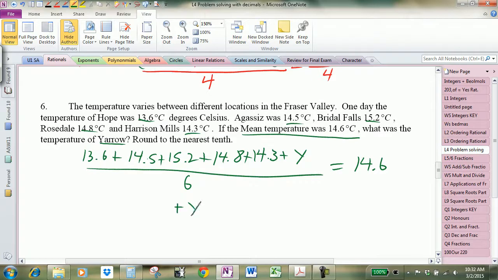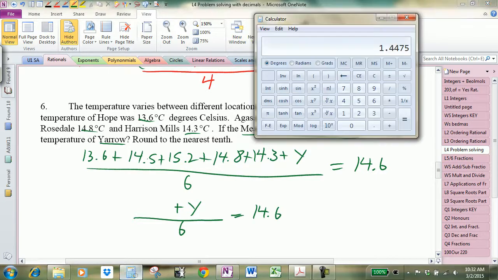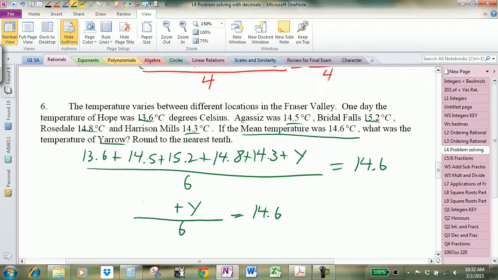So let's try and add them up as much as we can. We just can't add the error. Okay. So we'll add up the numbers that we can. And we get 72.4.